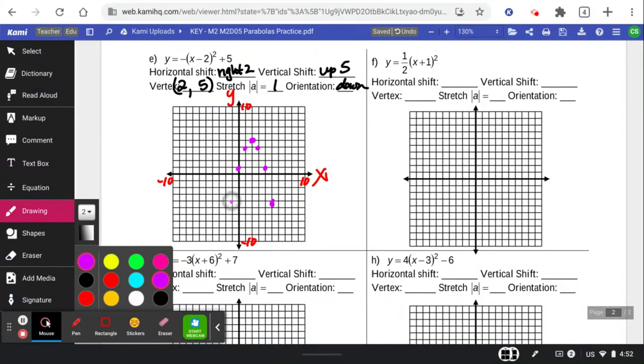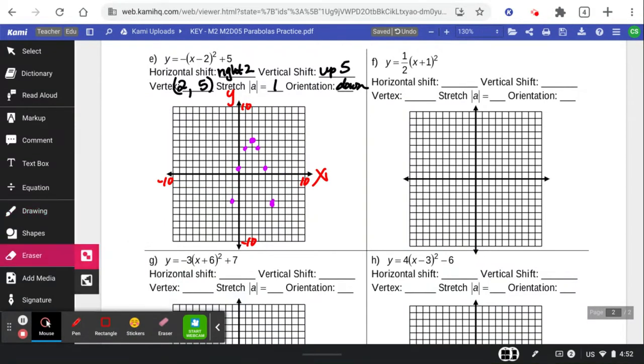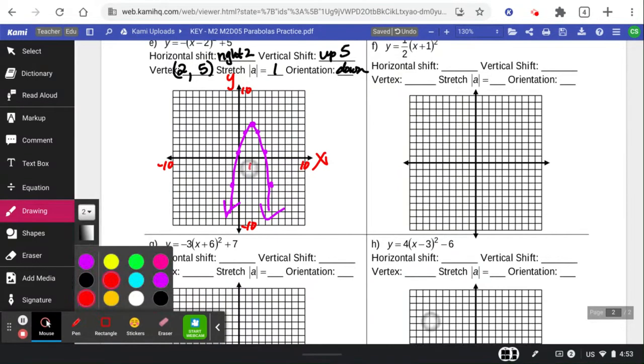Etc., etc. How'd you do? Connect that graph. Draw me your line of symmetry. That line of symmetry this time goes straight through x equals 2.